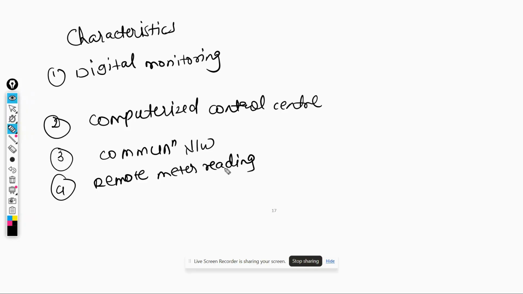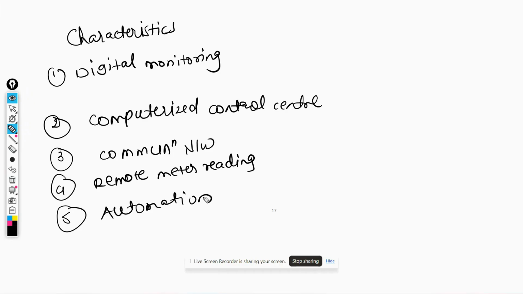So instead of physically visiting every consumer, utilities could collect meter readings remotely. So this reduces manpower and billing errors. Then the last characteristic was automation. So many repetitive operations became automatic. So this reduces human error and improves system efficiency.